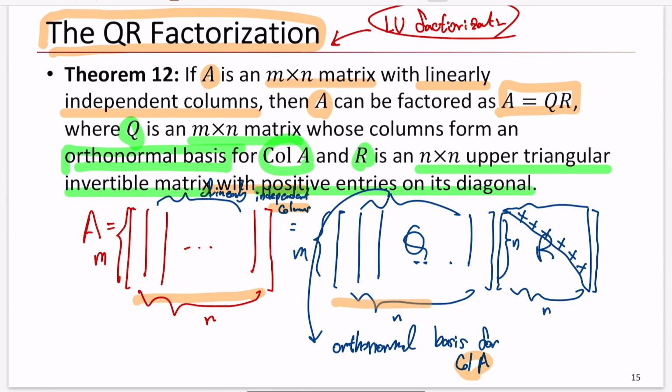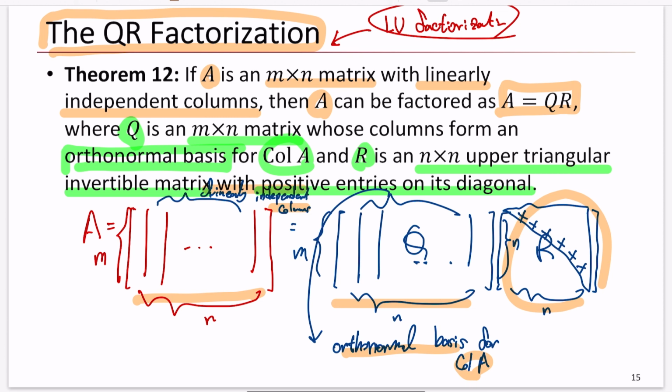Then Q is going to be the orthogonal basis for the column space, which means the column vectors in matrix Q can be derived from the column vectors of matrix A, found during the Gram-Schmidt process. So this is a QR factorization.